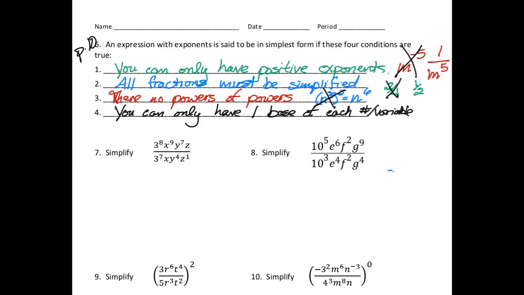So if you have 3 to the 3rd divided by 3 to the 2nd, you can't leave both of these. That's not simplified. The answer would be 3 to the 1st. When we come back, we will go over more of these if you have questions, and we'll go from there.